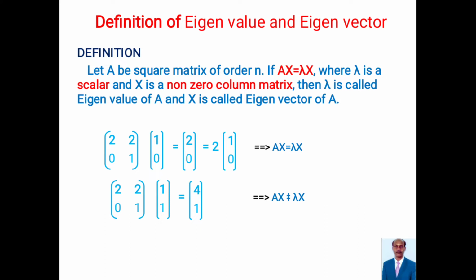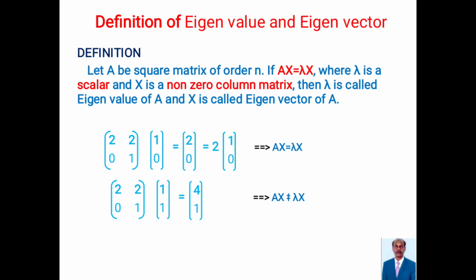Adding these two values, we get 2. Take the second row in A and multiply with the first column in x: 0 into 1 is 0, 1 into 0 is 0. Adding the two values, we get 0.